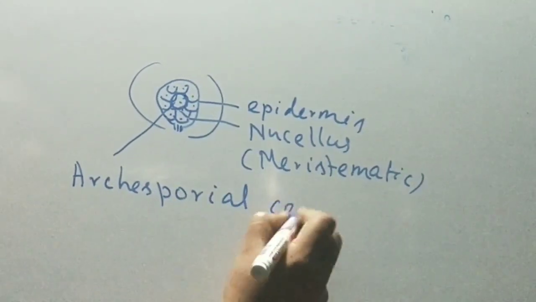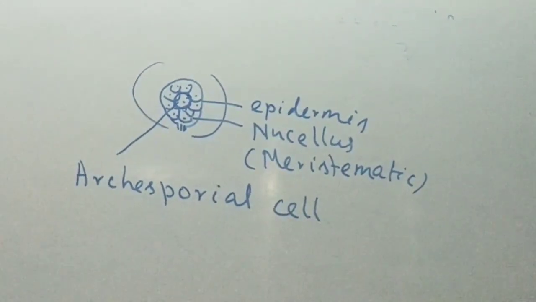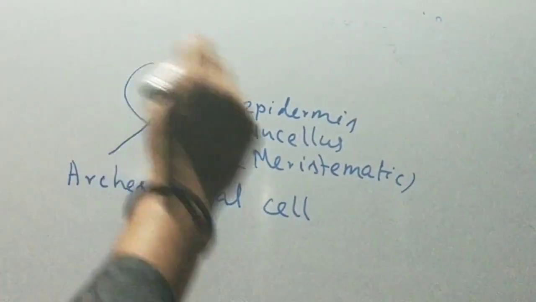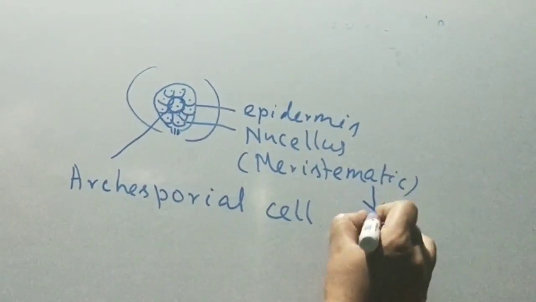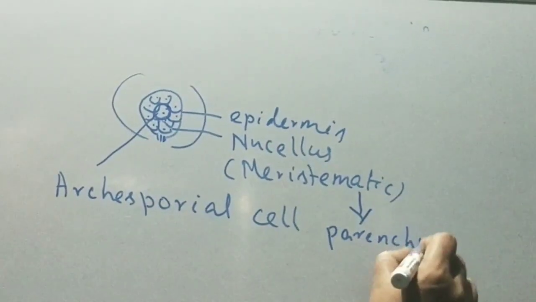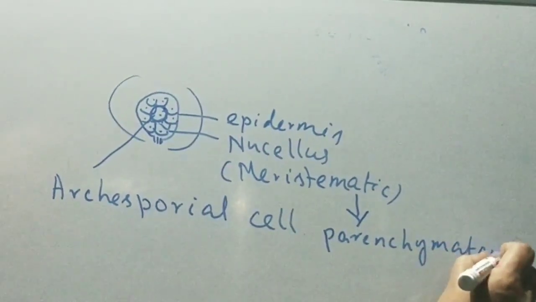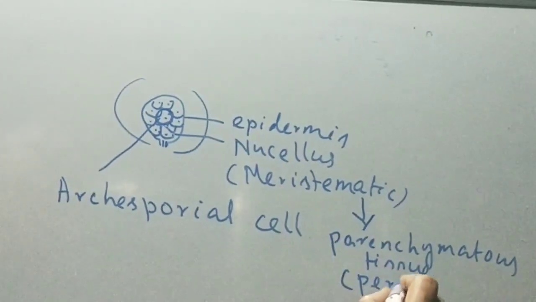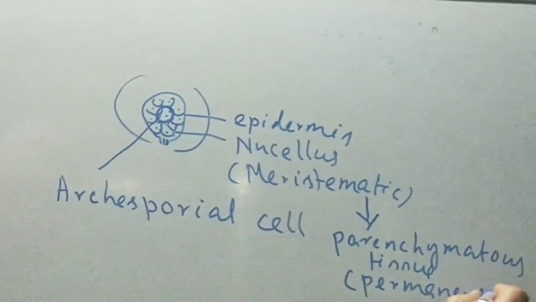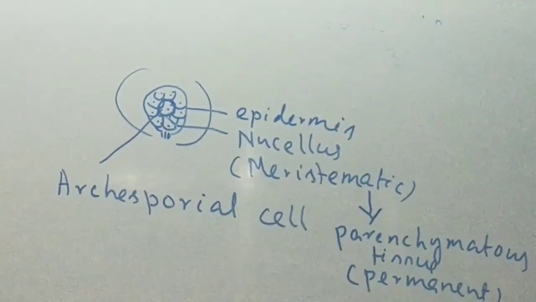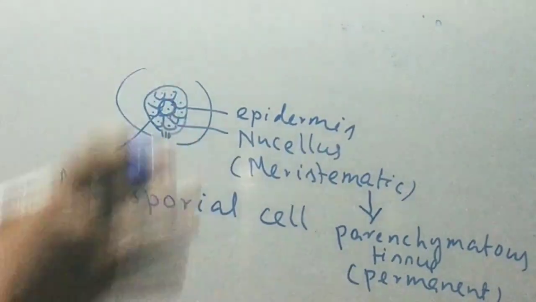The other meristematic cells become parenchymatous tissue, which is permanent. They cannot divide again. They only store food and provide food to the developing cells.